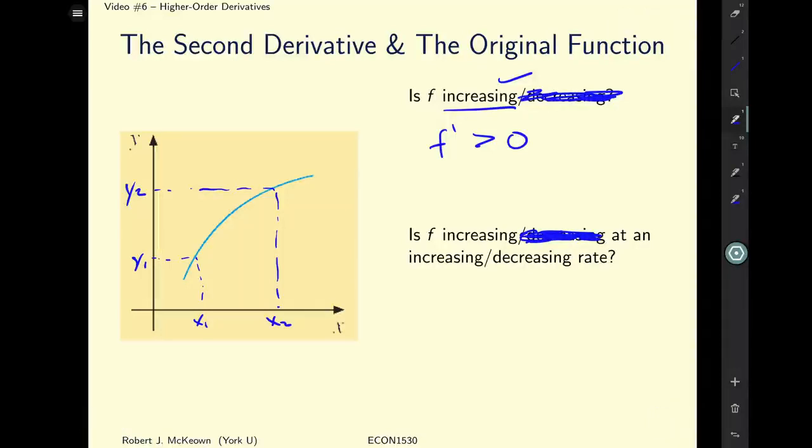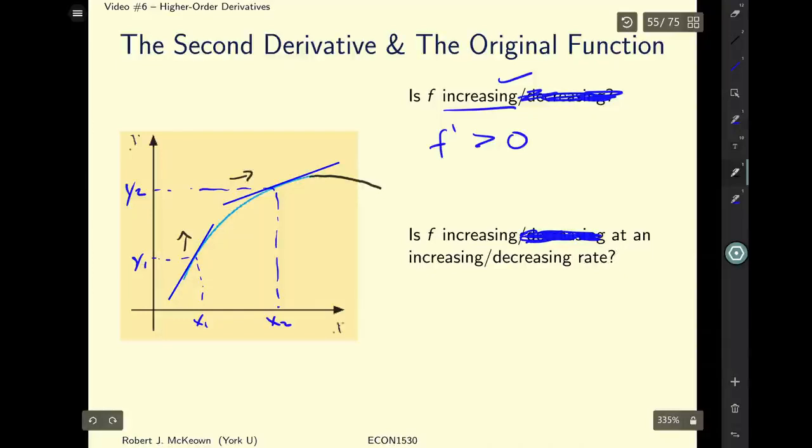Now, is f increasing at an increasing or decreasing rate? Well, again, if I draw the little points of tangency, like so, and like so, or if I continue to draw this function the way that it's going, it should be clear that as x increases, the curvature is negative.